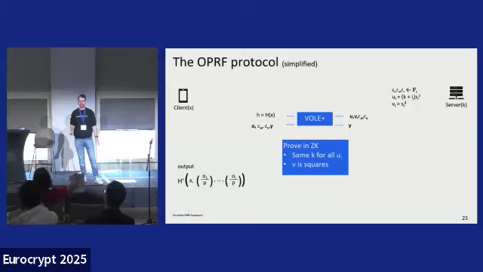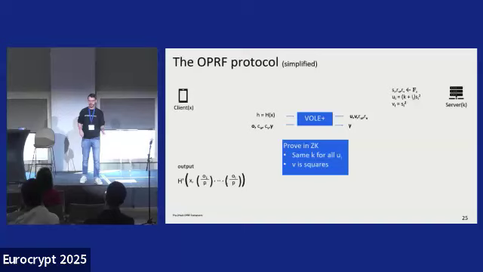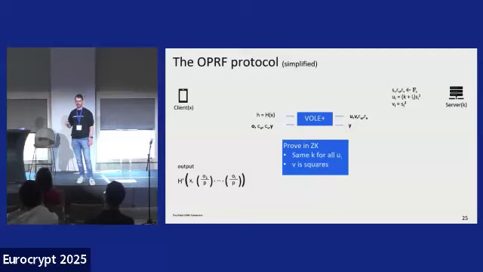Putting everything together, this is a simplified version of the protocol that we would get, and you see all the building blocks that we saw before. So the server computes u and v, as I said before, so u would be the key plus the label times s squared, and v would be s squared. It puts this into the VOLE plus.